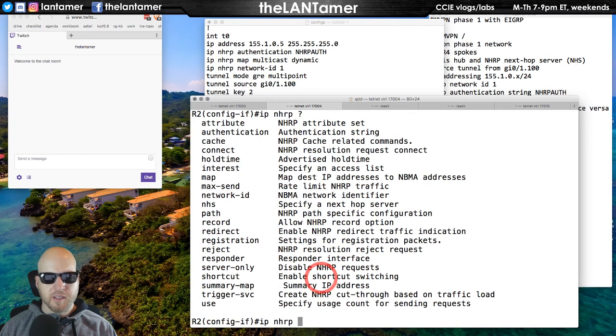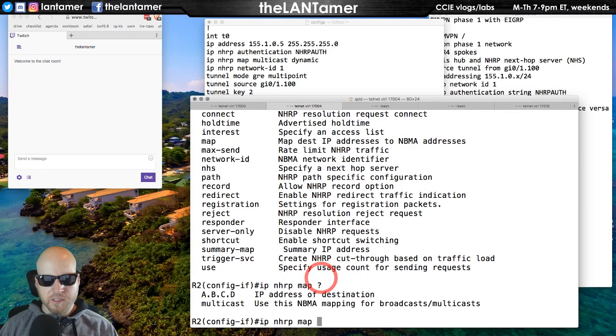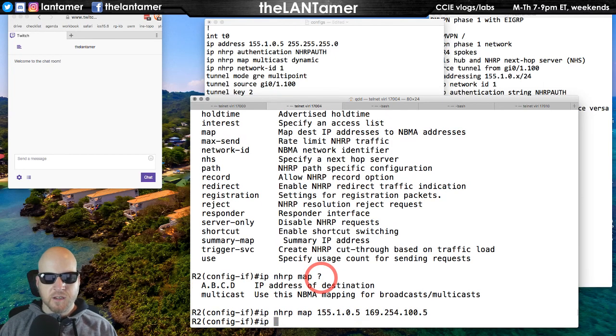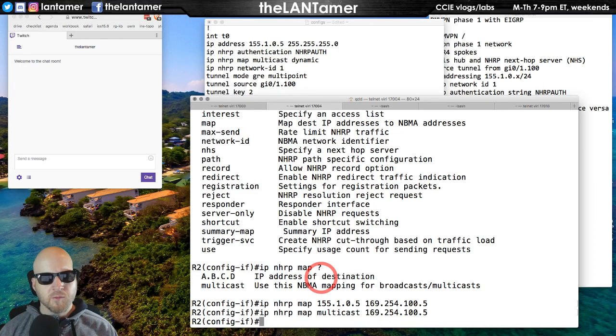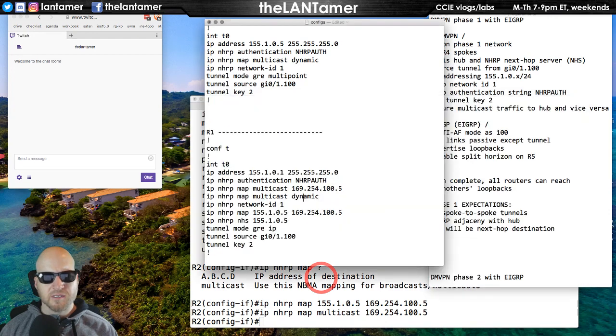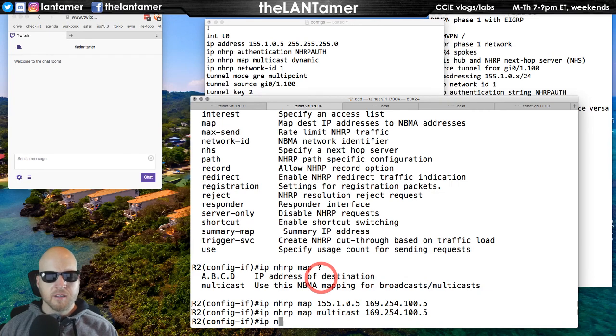What are we missing here? IP NHRP map. Yeah, well, we can do this 15102. No, 5. Right, this is the hub. IP NHRP map multicast. What else do we need? Network ID? Did I do network ID? I did.